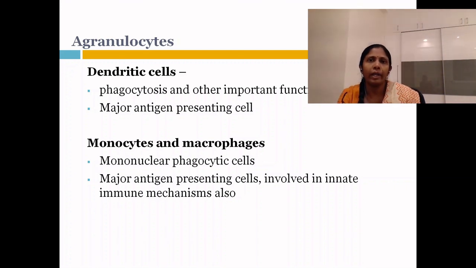Once the process of phagocytosis is done and the pathogen is converted into fragments, these fragments are presented as a complex with MHC molecules to the lymphocytes, that is T lymphocytes. So this activity of the antigen presenting cells or the phagocytic cells is an important process in the adaptive immune system.